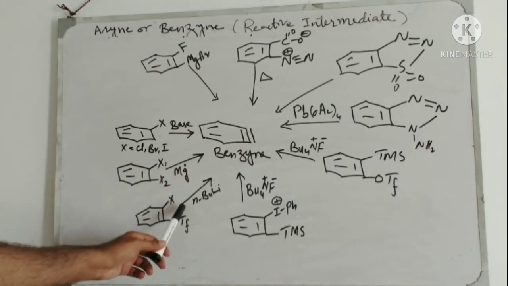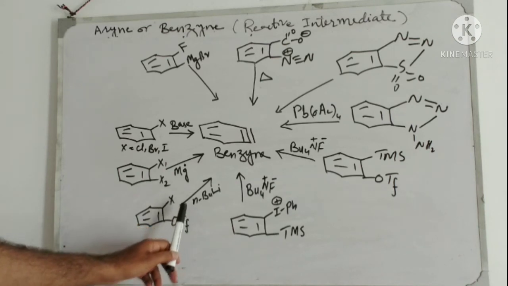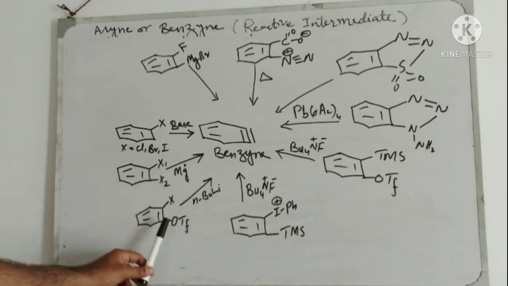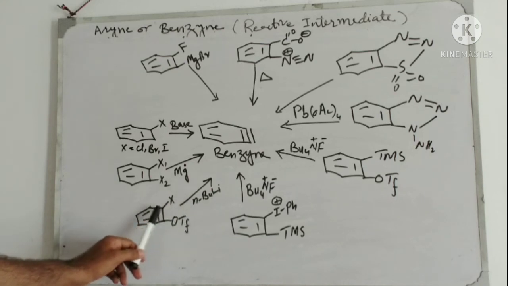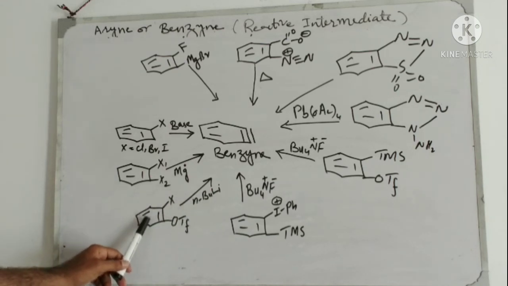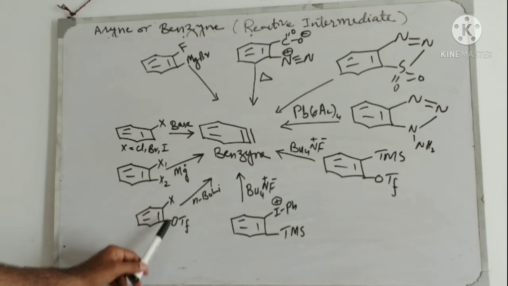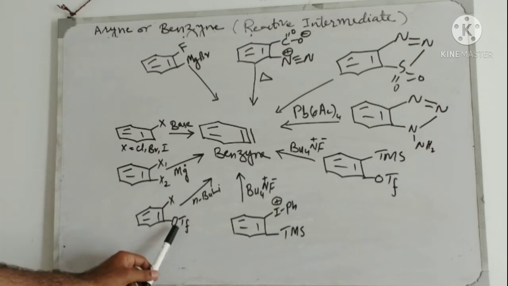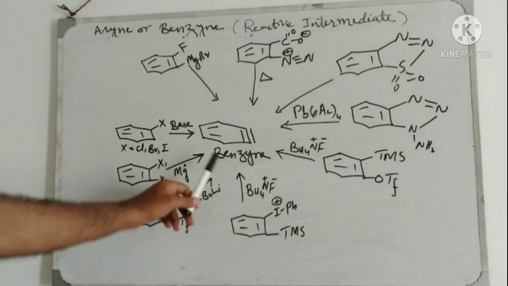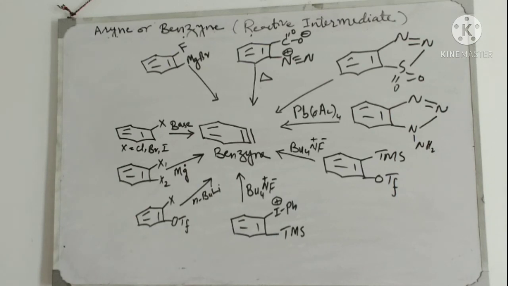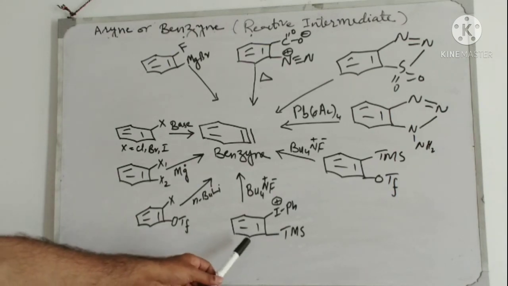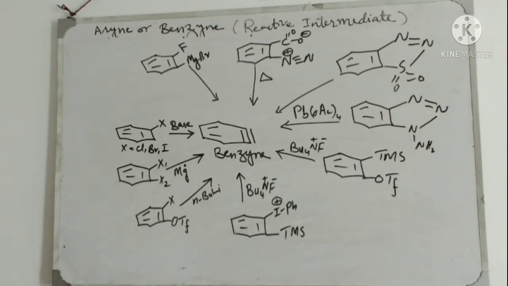So this is a direct lithiation method in which we use direct lithiation of this halogenated aromatic compound. Then the triflate is removed to generate the benzyne intermediate. Another method which we discussed is hypervalent iodine compounds.